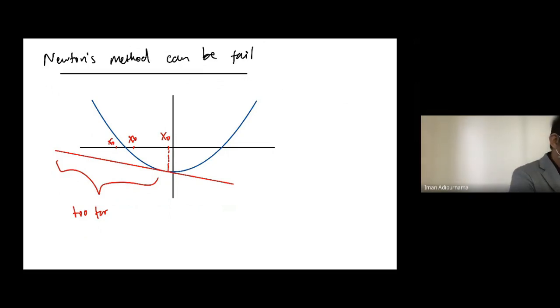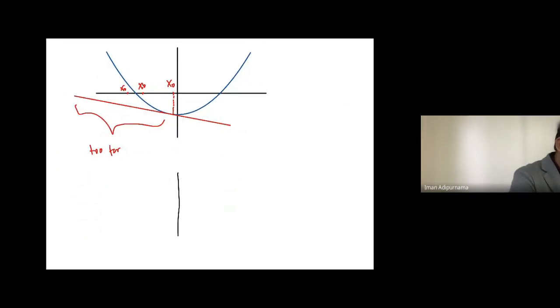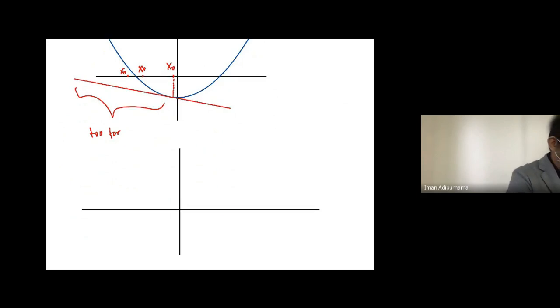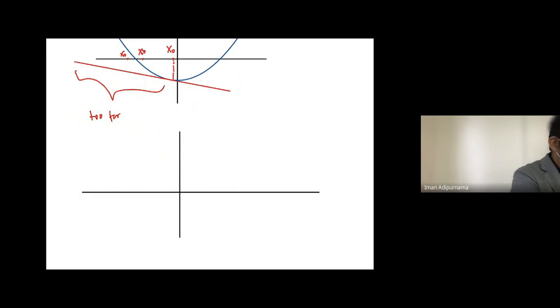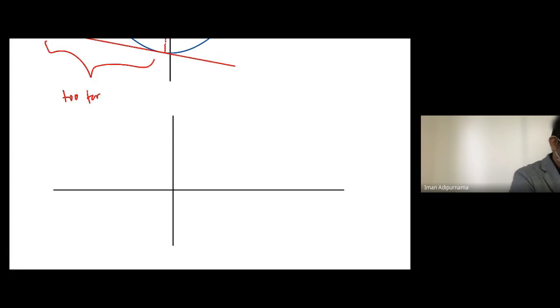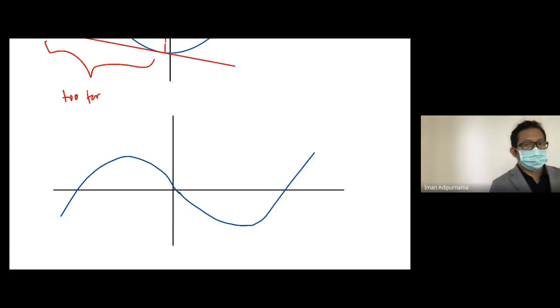Okay, another failure that we can also have, let's say we have this. For example, we take x0 from here, and maybe this will be the tangent line.